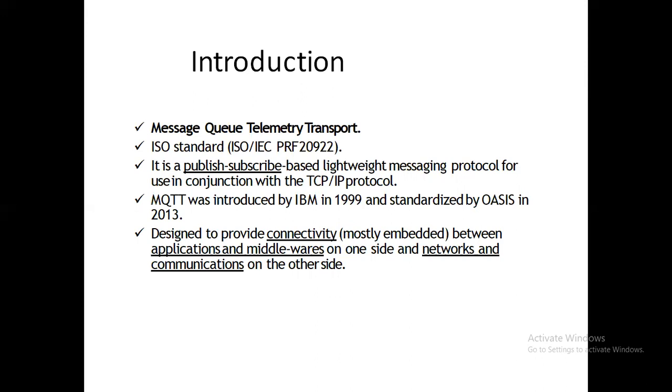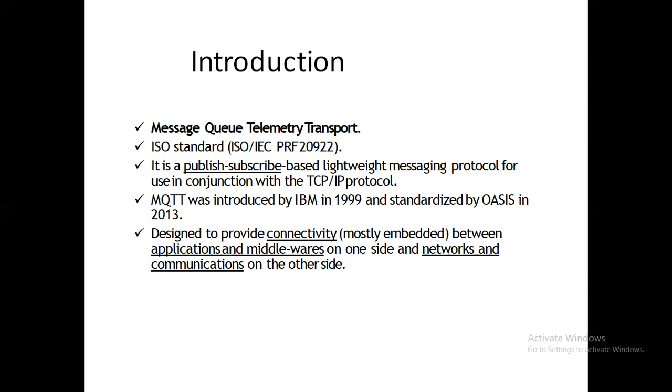The publisher need not be aware of who its subscribers are, and similarly the subscriber doesn't require knowing the publisher who is publishing the file. MQTT was introduced by IBM in 1999 and standardized by OASIS in 2013.